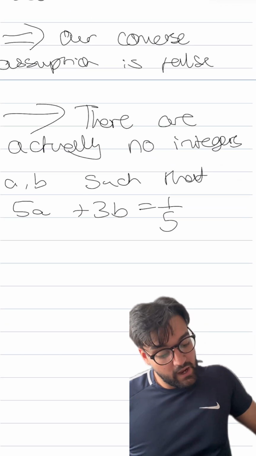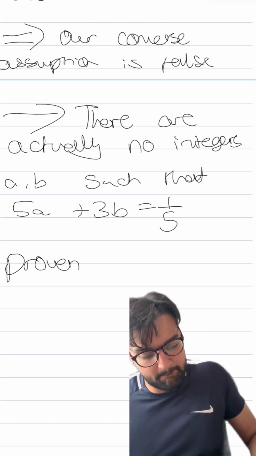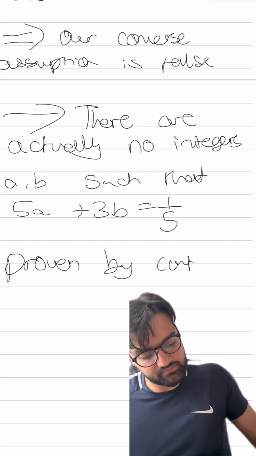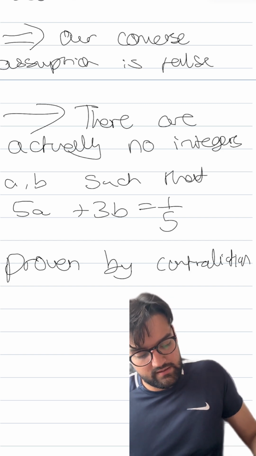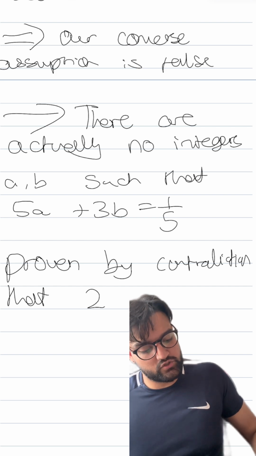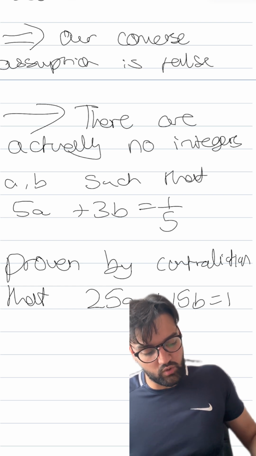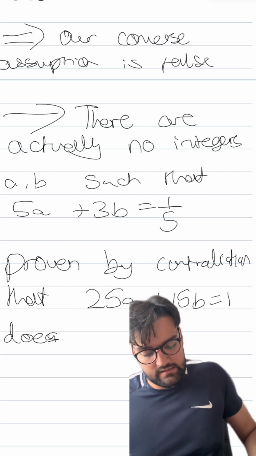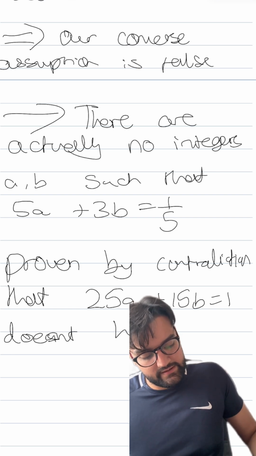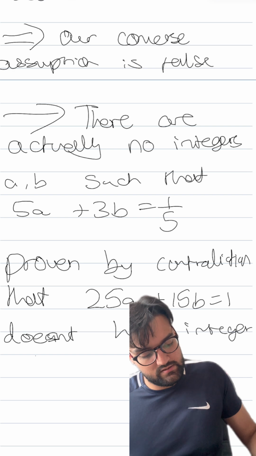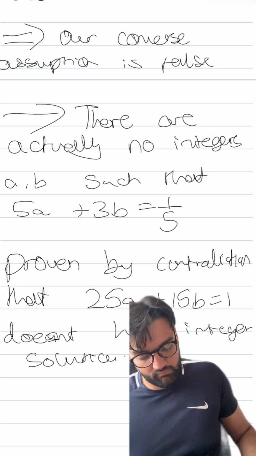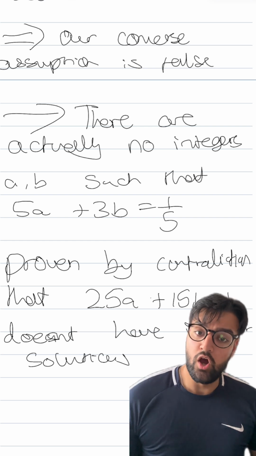So therefore, we have proven by contradiction that 25a plus 15b equals 1 doesn't have integer solutions. Okay, cool. Hopefully that made sense.